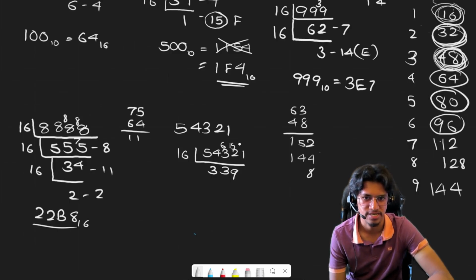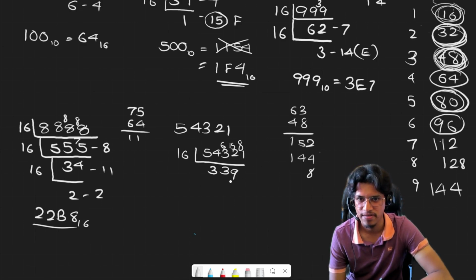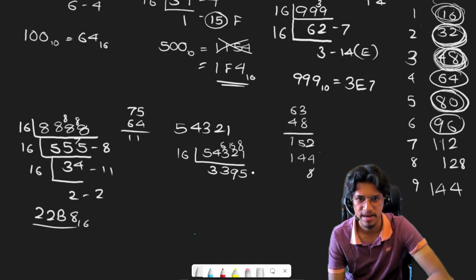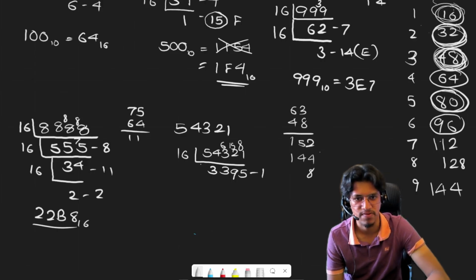Just 8. 81. For 81 we get again 5, and 81 minus 80 is 1 balance, right? Then divide this by 16.